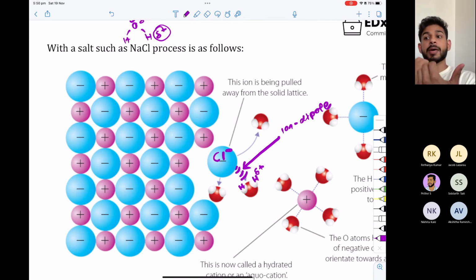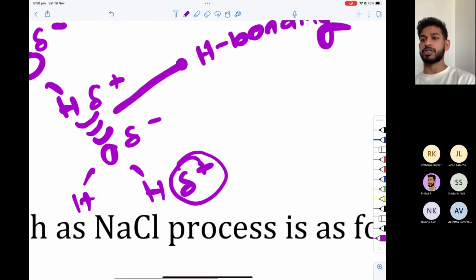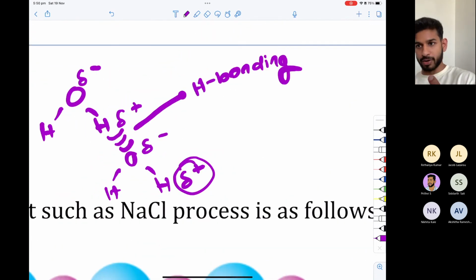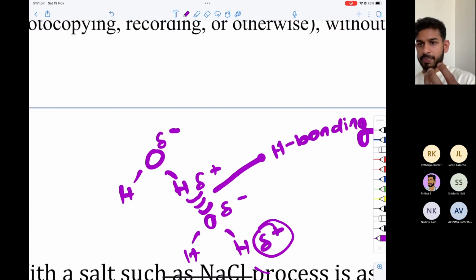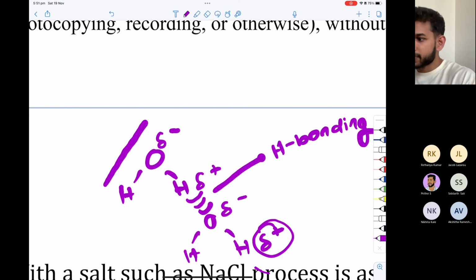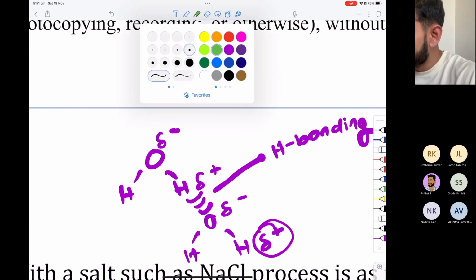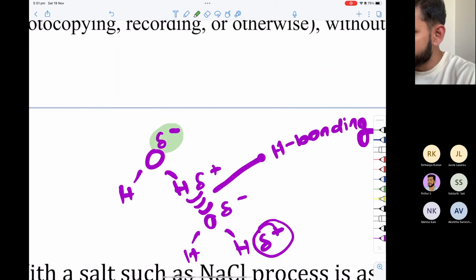A dipole means a partial charge, right? So like Sid said, an uneven charge distribution. Water has a few dipoles. A dipole is represented like this, right? So here, this is a negative dipole, which I've shown you, and here's a positive dipole. And we often show it like this.